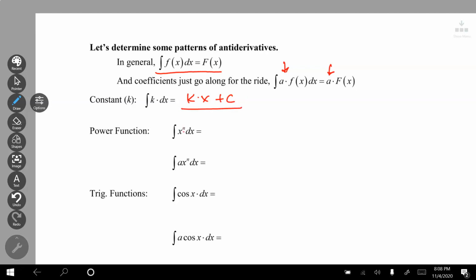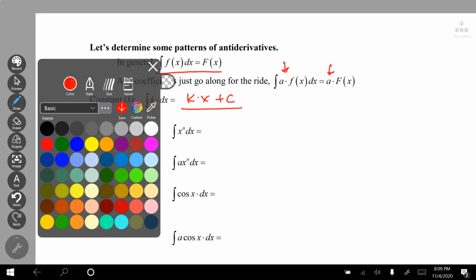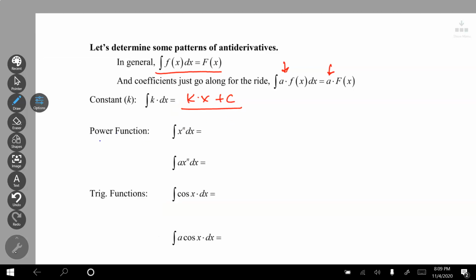If it's a power function, instead of subtracting 1 from the exponent, we're adding a degree. So for a power function, we're going to add 1 to the exponent. And if it's a fraction, plus 1 is just numerator plus denominator over the same denominator.